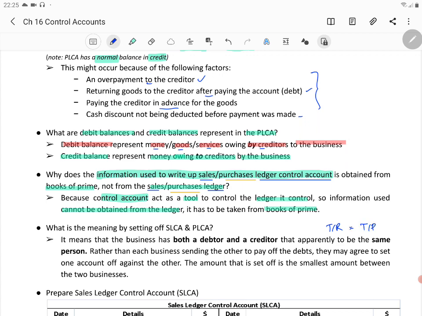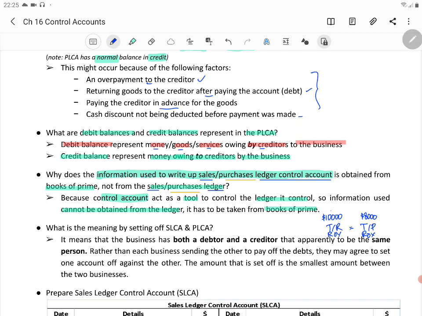Let's say your TR owed you money for $10,000, and then you owed money to TP for $8,000. Apparently TR and TP are the same person. Let's say this is Roy and this is also Roy, the same person. So imagine that you are the business.